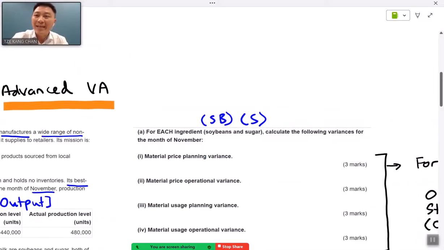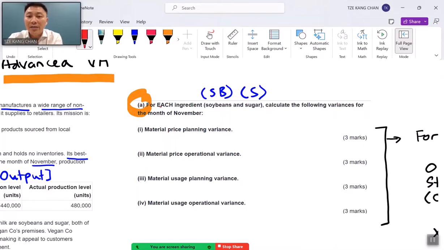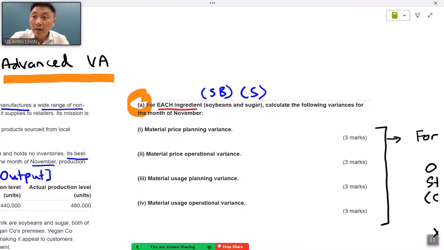The requirement discussed in this video mainly relates to part A of the question, where it clearly asks that the following is to be shown for each ingredient or material, in other words, the following variances for the month of November, namely material price planning variances, material price operational variances, material usage planning, and material usage operational variances.